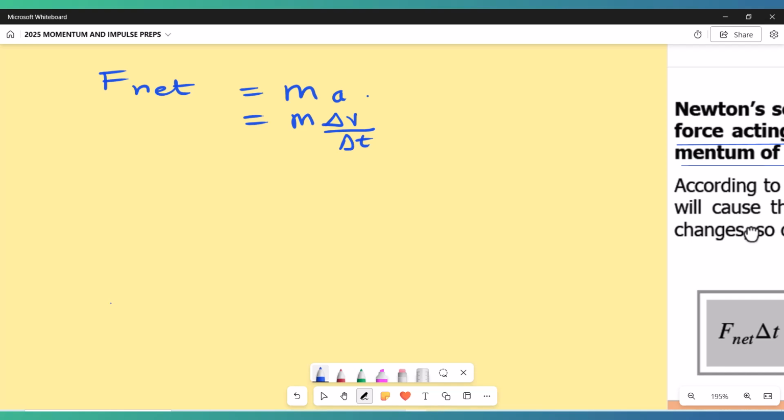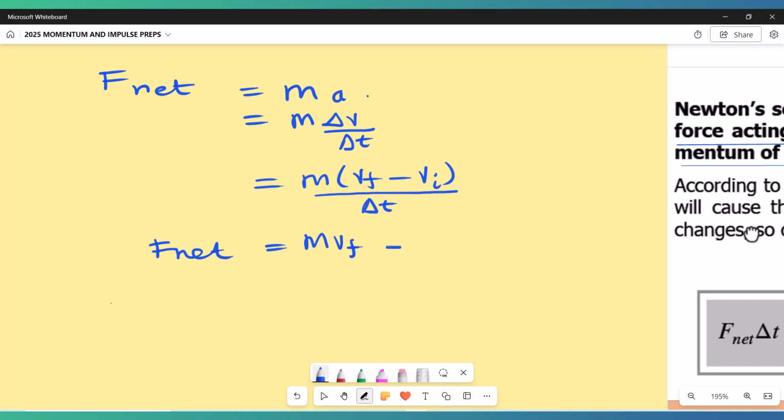Hope we are together. And I've talked about change in velocity. What does it mean to us? It means you're going to have the final velocity minus the initial velocity, divided by change in time. Now, if I open brackets here, I'm going to get F net equals the mass times V final, that's m V final, minus mass times V initial, that's m V initial, divided by change in time.